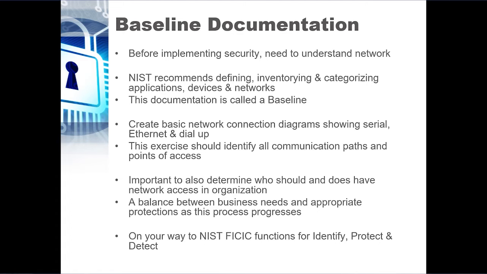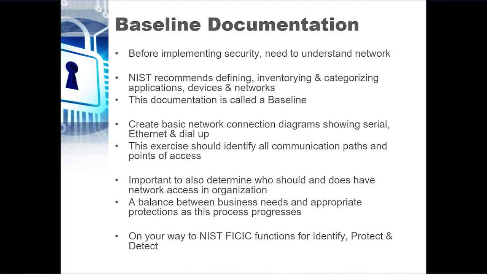Serial, Ethernet, dial-up, anything that can be connected to. This exercise would identify all your communication paths and potential points of access into your network that you may know about, or maybe you don't understand until you document them. It's important to also determine who should have and who does have network access in your organization.